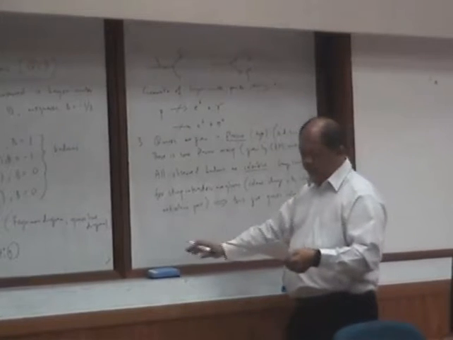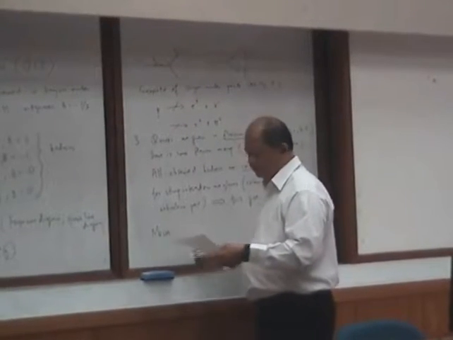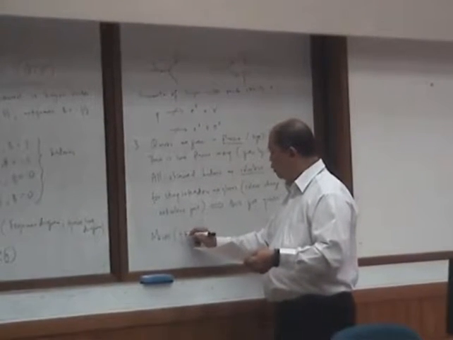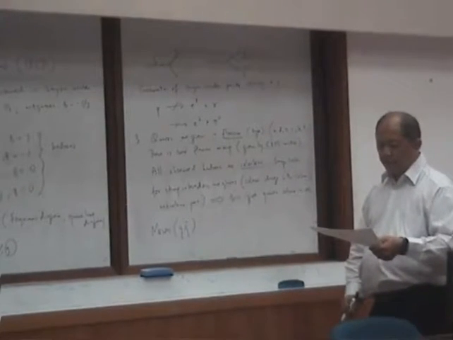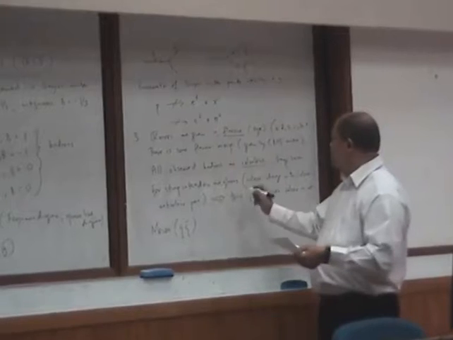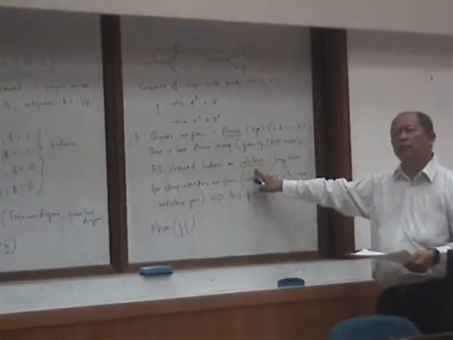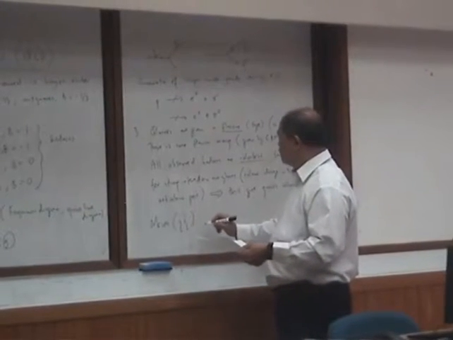Just to give you an example, mesons, which are quark antiquark pairs. Because observations say that hadrons are colorless, you don't measure any color charge in this hadron.